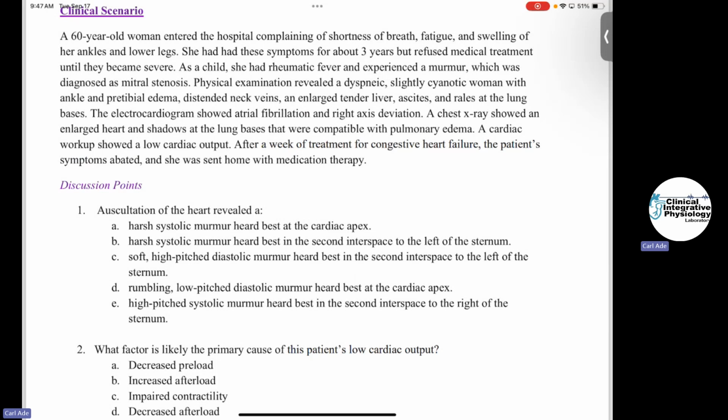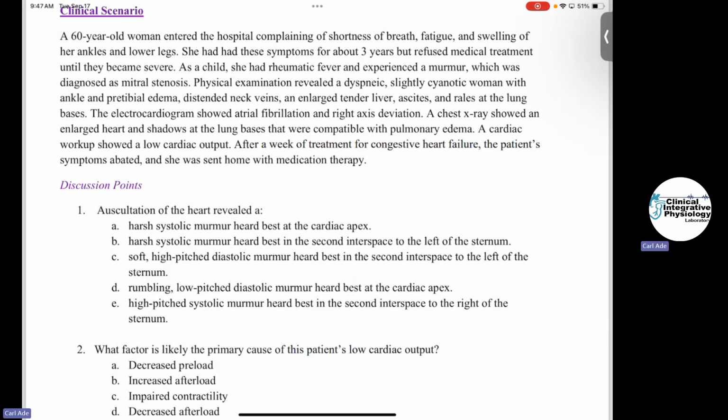The distended vein in the neck and the distended liver: if the pump doesn't work very well, so you start having left and then right heart dysfunction, you get a backup of blood into the venous side. Venous pressure elevates, and that starts to get those things distended. These are early signs of what's going on.